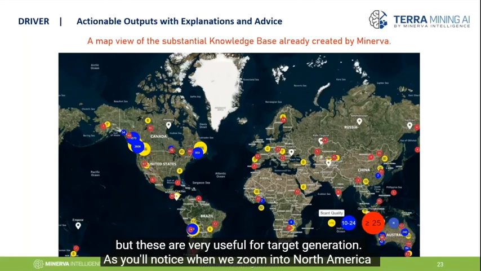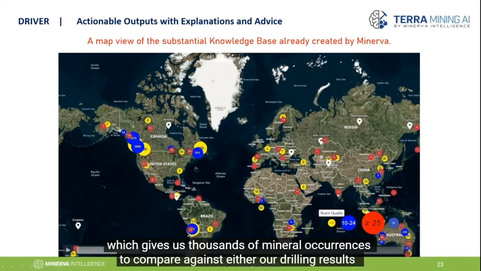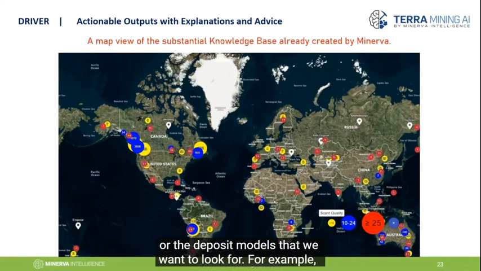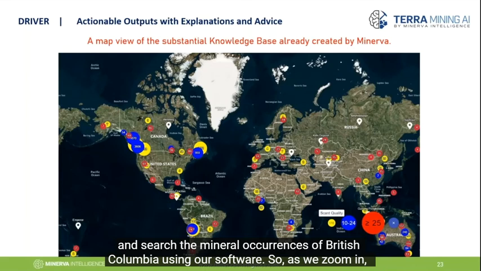So as you'll notice when we zoom into North America here, we have all the mineral occurrences of British Columbia and New Brunswick in the system, which gives us thousands of mineral occurrences to compare against either our drilling results or the deposit models that we want to look for. For example, critical metals are the flavor of the month at the moment, so one could create one's own lithium model and search the mineral occurrences of British Columbia using our software.